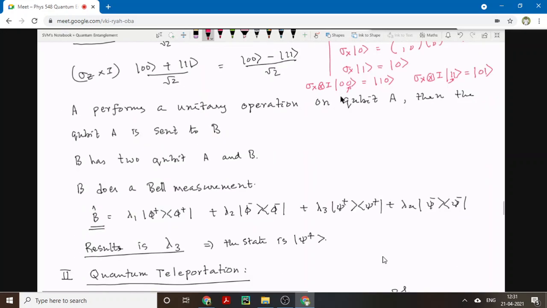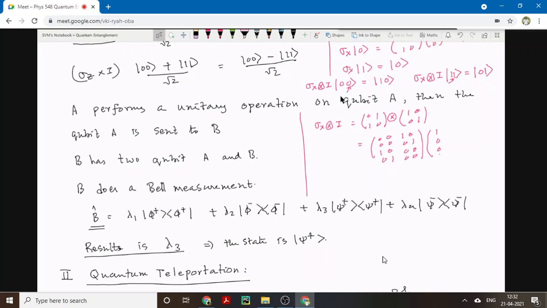Suppose you want to understand this as an operation of a 4 by 4 matrix, then you can also do it something like this. Let's say your sigma x cross I is equal to 0 1 1 0 cross 1 0 0 1. So you can write it as 0 0 1 0, 0 0 0 1, 1 0 0 0, 0 1 0 0. Now you operate this on the first 00 state, which is 1 0 0 0.